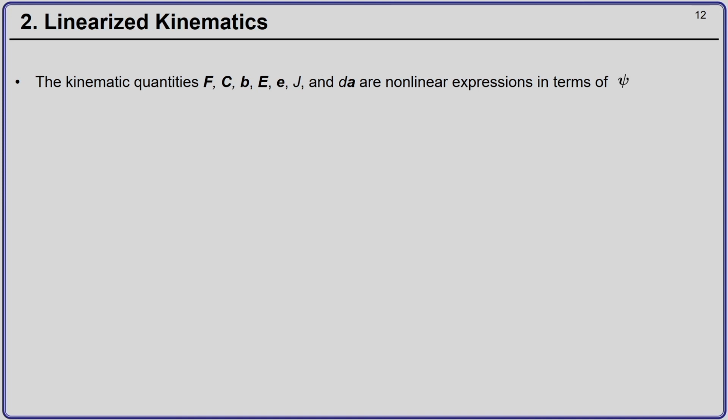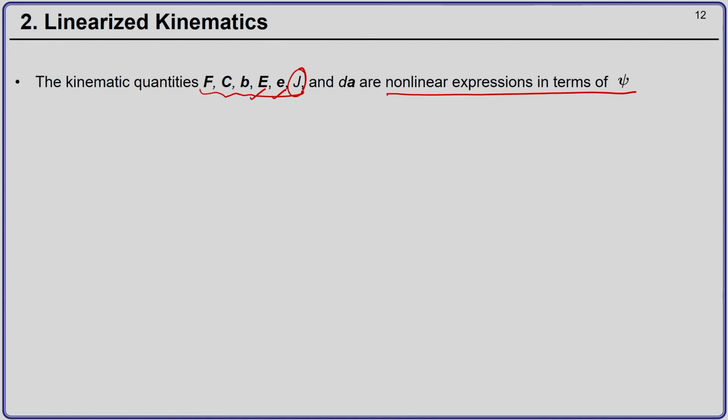The kinematic quantities we discussed in previous lectures, like the deformation gradient tensor, the right Cauchy-Green tensor, the left Cauchy-Green tensor, the Green-Lagrange strain tensor, the Euler-Almansi strain tensor, the Jacobian J and the area element dA, are all nonlinear expressions in terms of the deformation mapping.